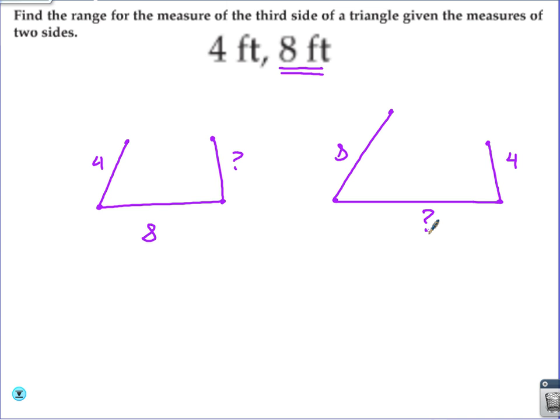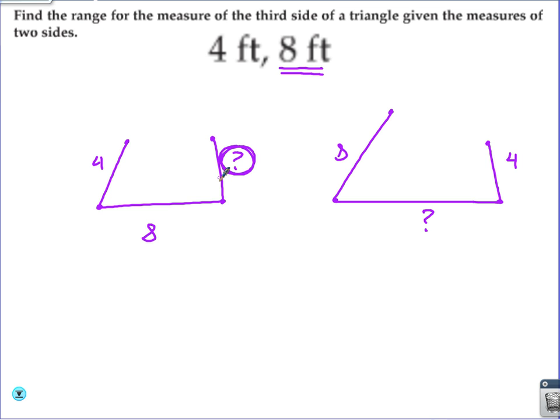Destiny, first scenario. We have the longest side being 8. We have a side length of 4. What must be true about the question mark in this scenario? Could it be 3? Could it be 4? Could it be 4.1? Yes.